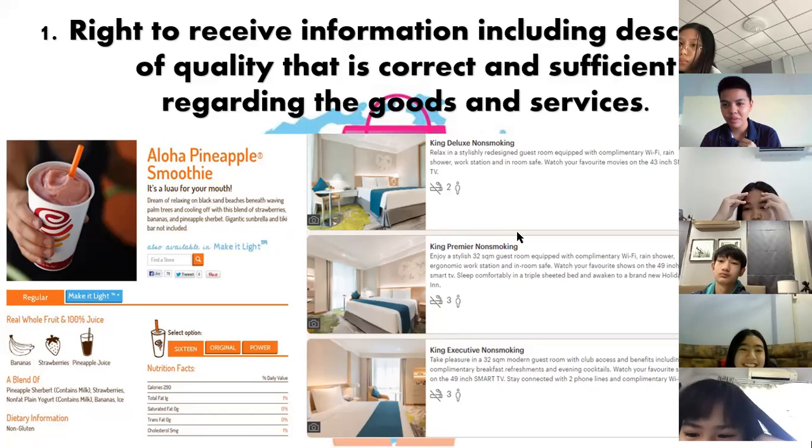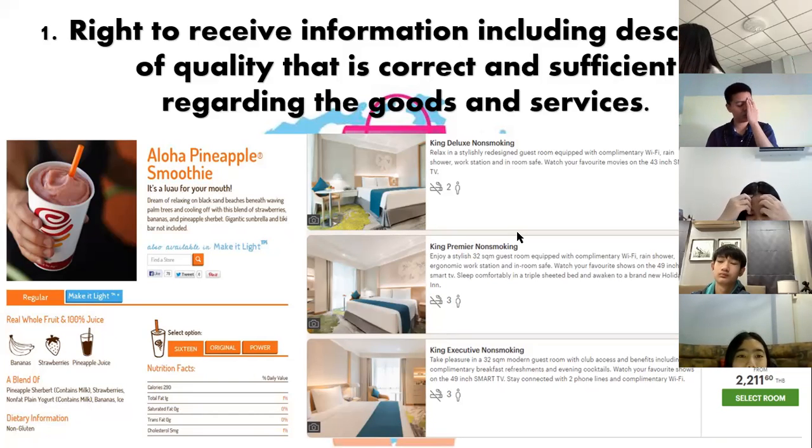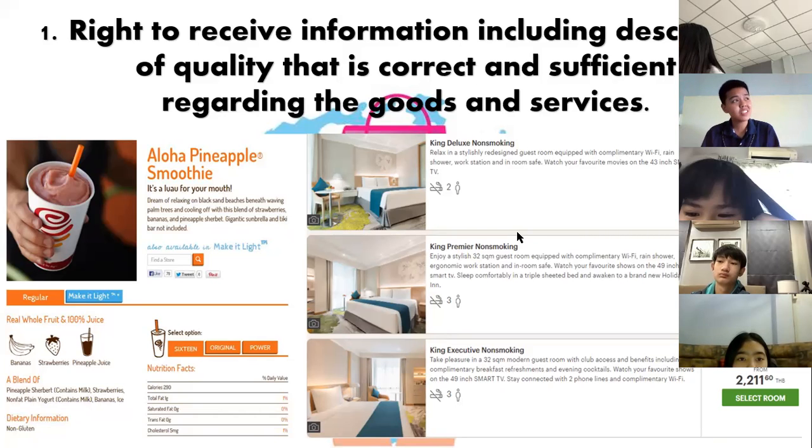Let's say she is going to buy one and she doesn't know what is inside the product. So this law, number 1, tells the producer or the entrepreneurs to put information in the products that you are going to sell. What information? For example, the ingredients of the milk tea.